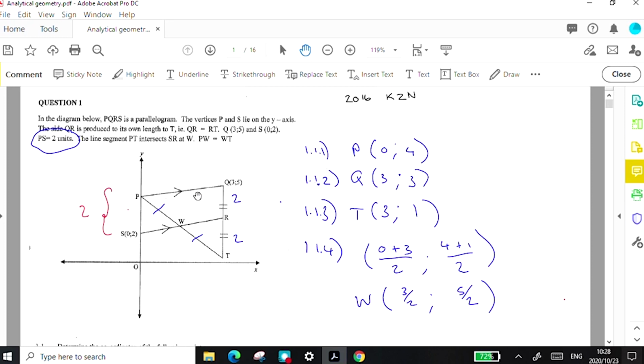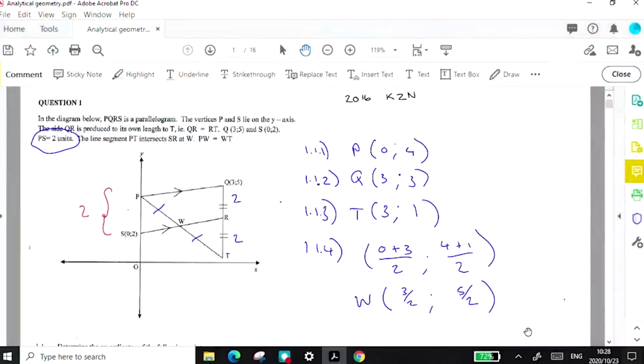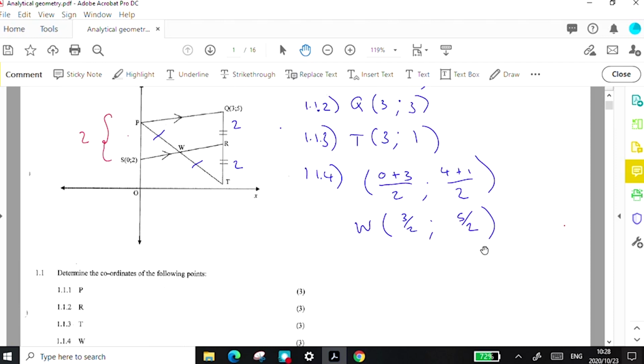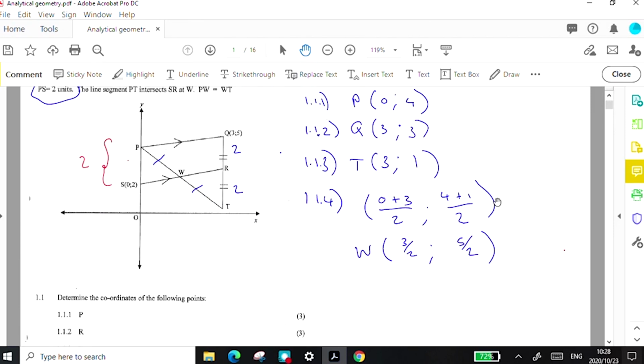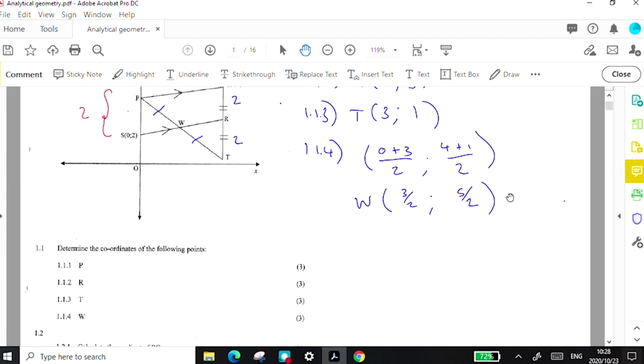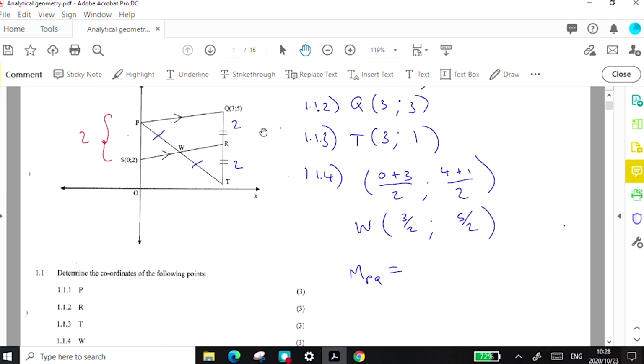The gradient of PQ would be equal to change in y over change in x.